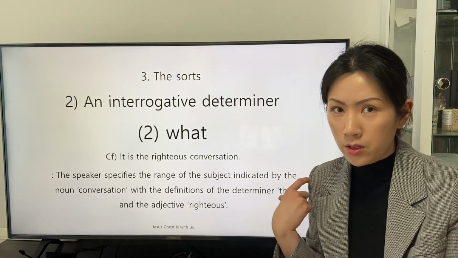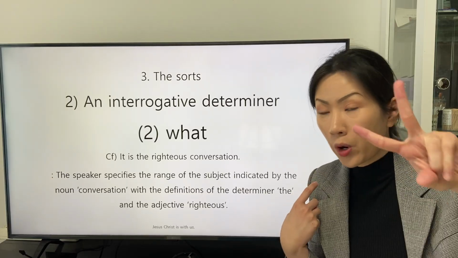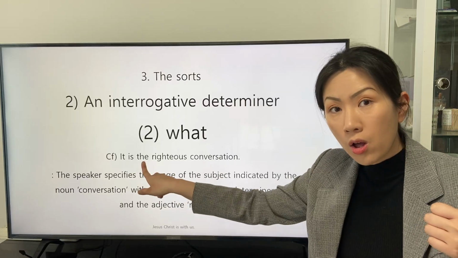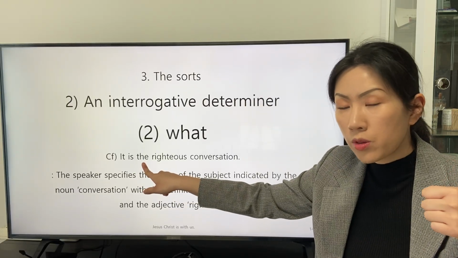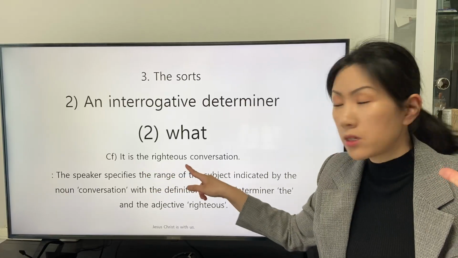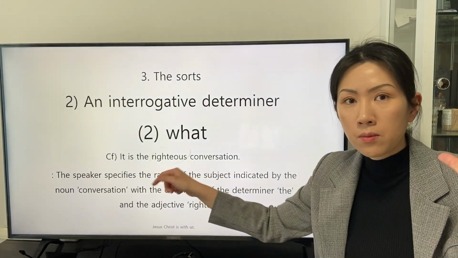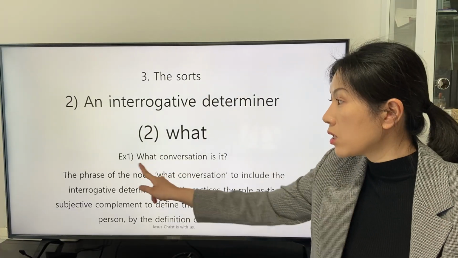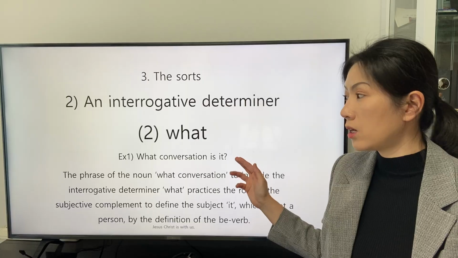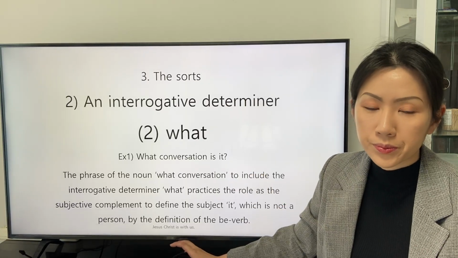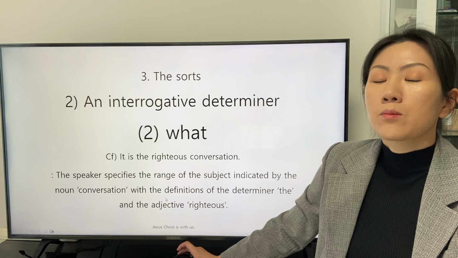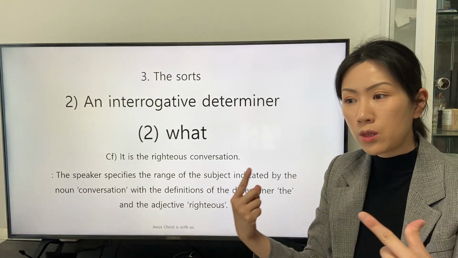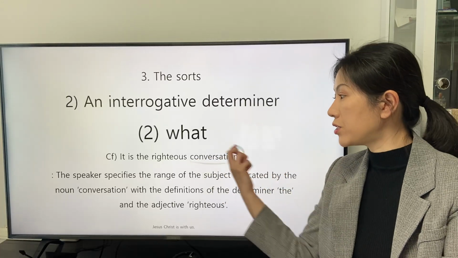We can understand that the two words, the definite article the as the determiner and the adjective righteous, accord with the interrogative determiner what in the interrogative clause. The two descriptive words specify the subject conversation.